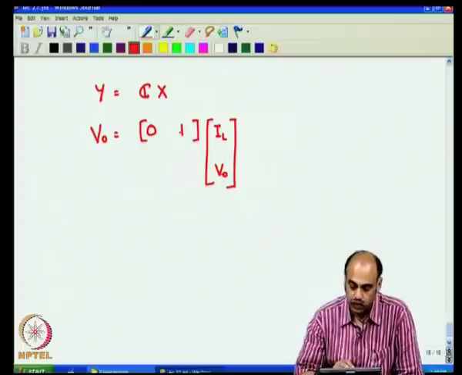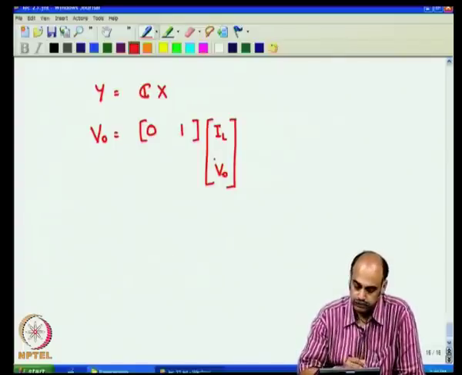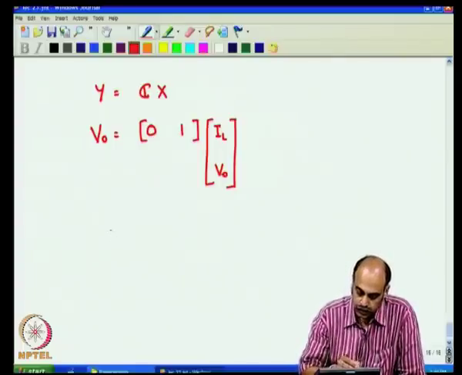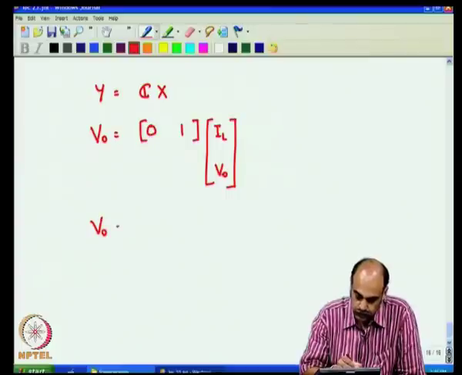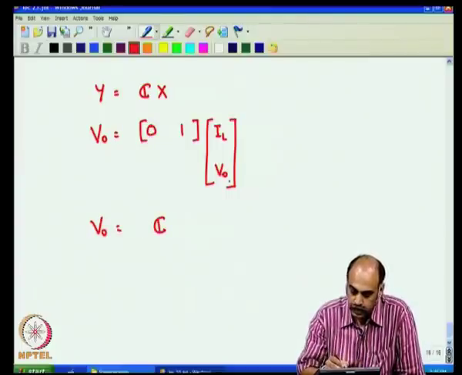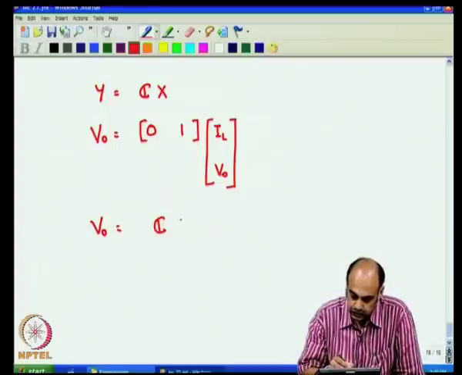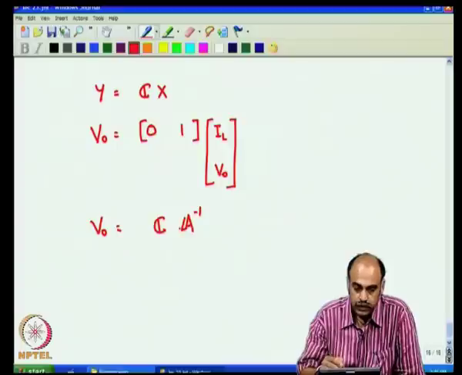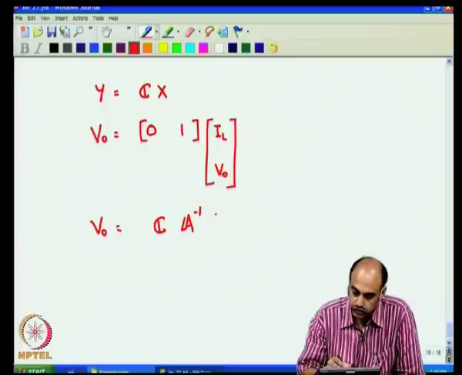Okay, so this is what would be C x, and V naught is equal to C, and x is written as A inverse, and you have to take that matrix for which you want the transfer relationship.